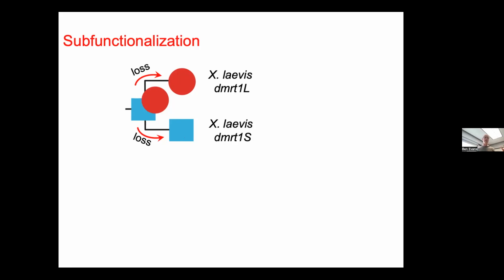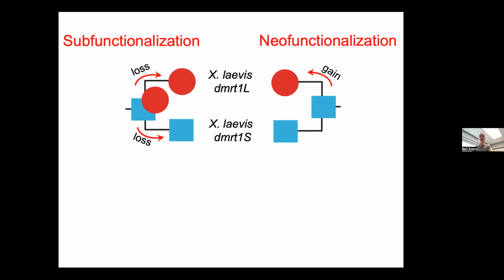There's more specificity of these homeologs because the ancestral gene was multifunctional, and then one or the other function was lost during evolution. Another scenario is called neofunctionalization, where ancestrally there could have been one function, and then one or the other paralog gained a new function. In this case, the blue function became a red circle function.